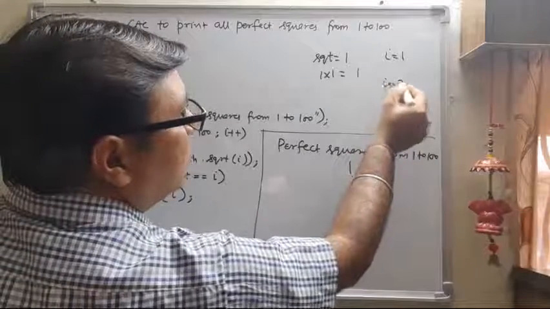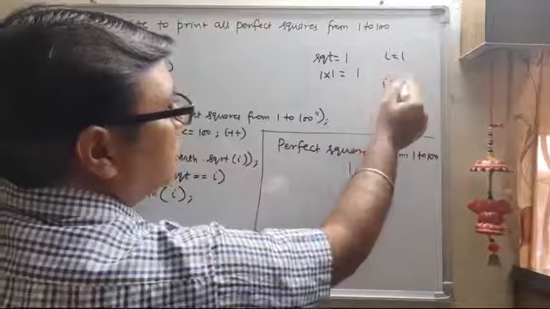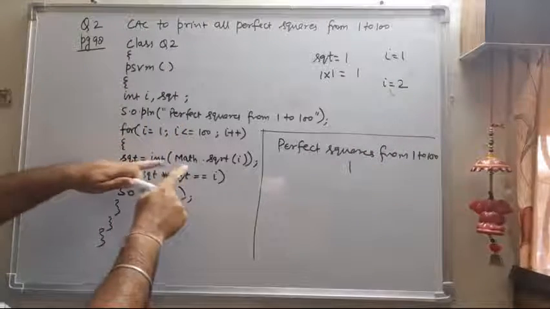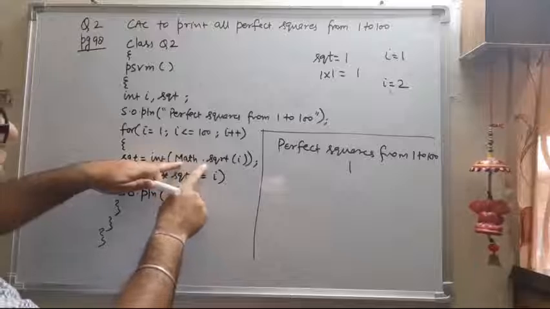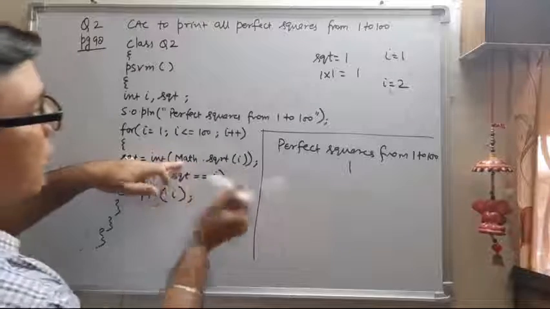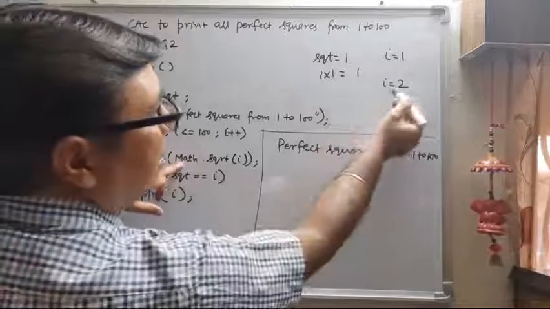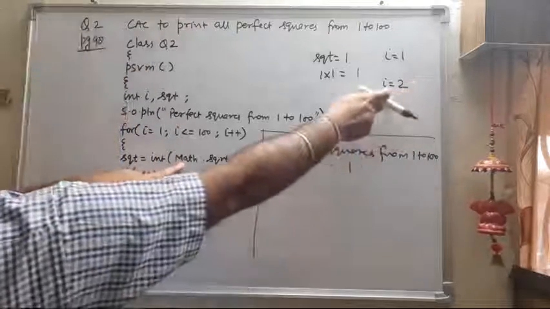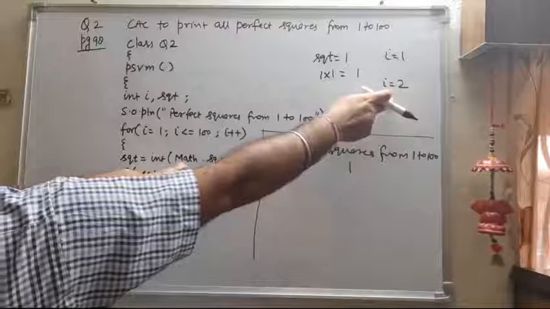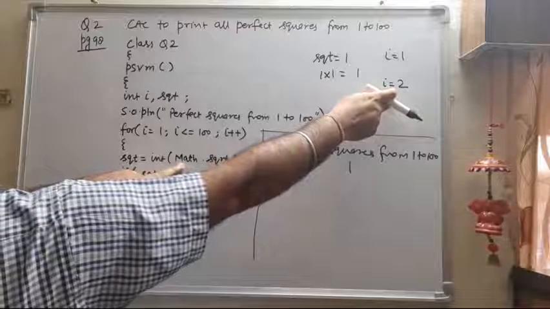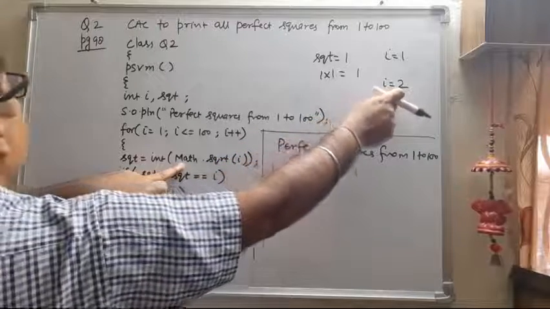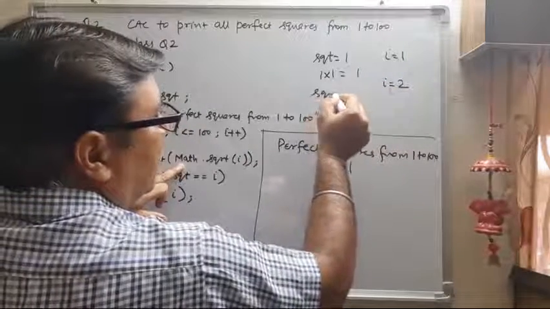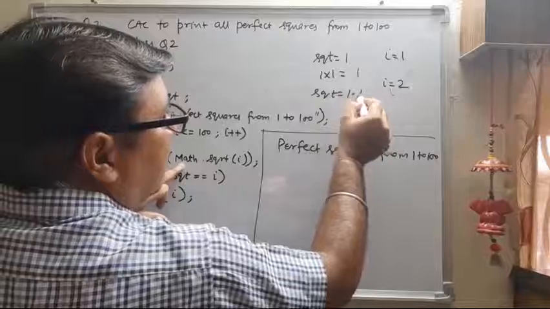i is equal to 2. Now it will again find the square root of the number, that is Math.sqrt of i. What is Math.sqrt of i? That is the square root of the number 2. The value of Math.sqrt of 2 is approximately 1.4, so sqt is equal to 1.4.